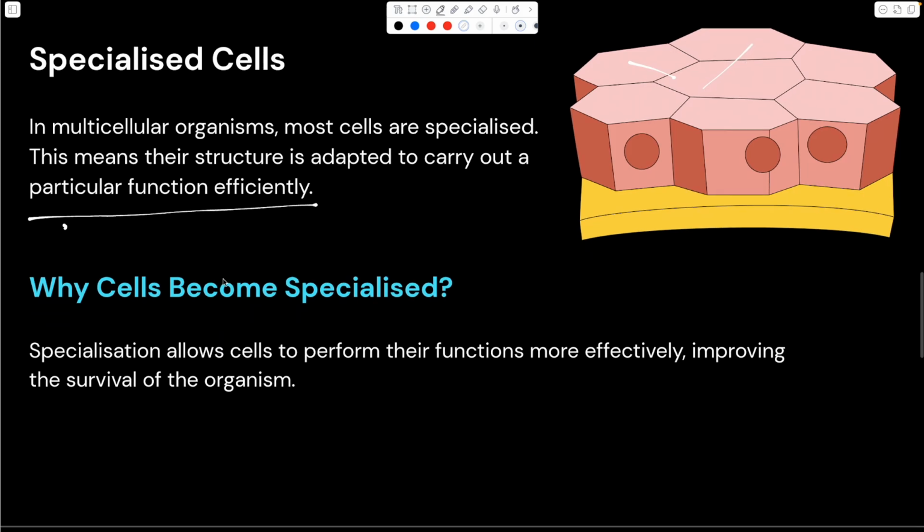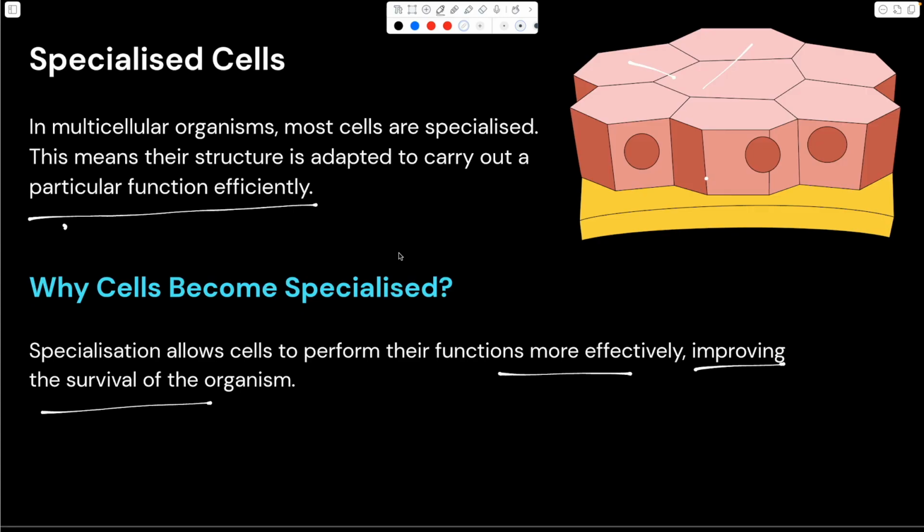Then the next question should be, why do cells become specialized? Specialization allows cells to perform their function more effectively, improving the survival of that organism. For example, this is a muscle cell. It is specialized for contraction and relaxation, and it has a high amount of mitochondria, right?